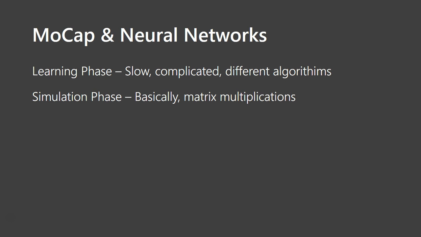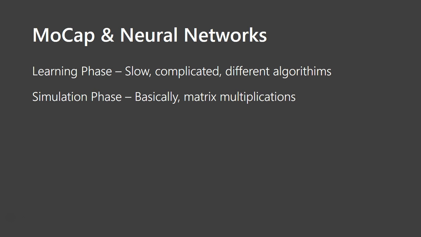So this is a do-once slow process. In the case of neural networks, some algorithms are simple, others are more complicated. It's not something you want to recreate yourself, so if you can use an existing library, that's very beneficial to you.